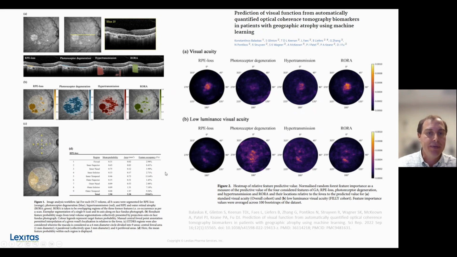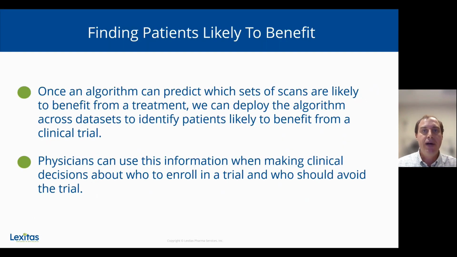So it really was great work that just came out. There are a number of groups working on similar projects like this, but I think that this is the future of how we develop medicines, because it truly allows you to find patients that are likely to benefit from a certain treatment.